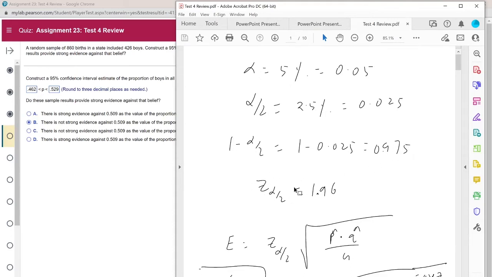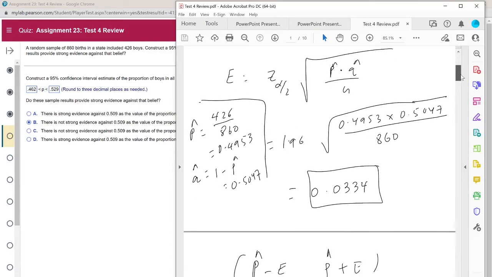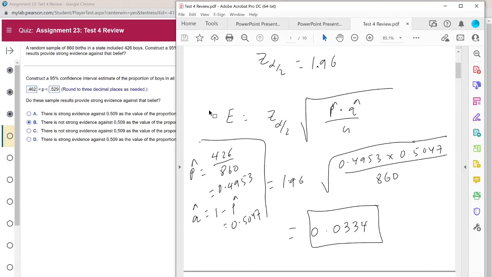Now using this value we can calculate the z-score using our TI-83/84 calculator. By using this z-score in this formula, which calculates the margin of error, and plugging in the sample proportion, divide 426 by 860, and then q hat is 1 minus p hat, which is this value.